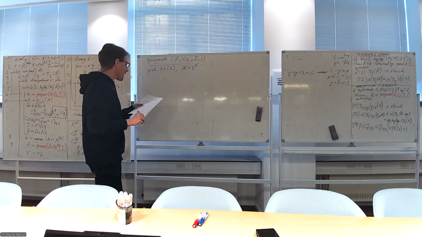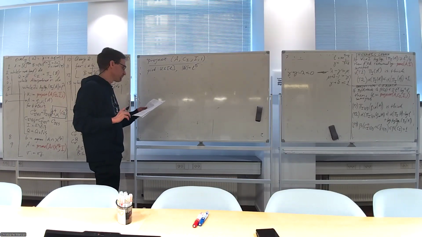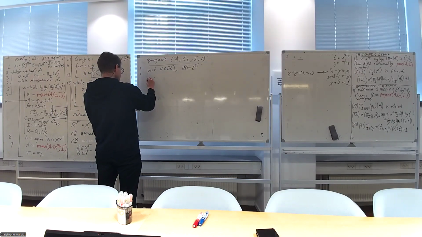So we pick a set of size L to the delta uniformly at random. Okay, and here we go.